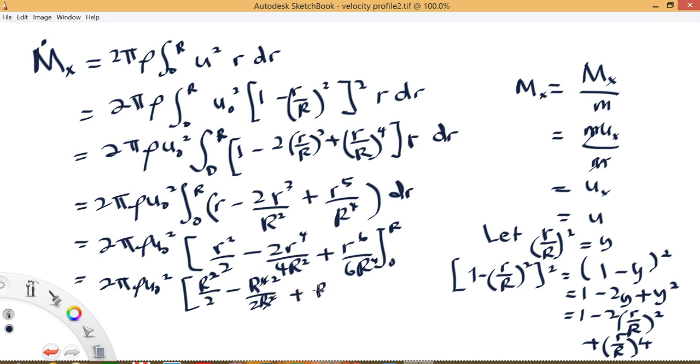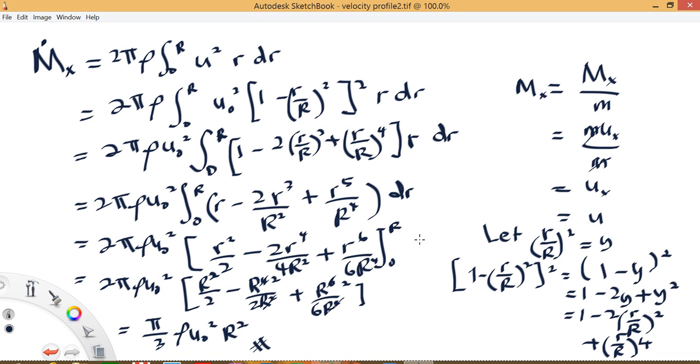So plus R power of 6 divided by 6R power of 4. Cancel. This becomes 2. And then this 6 with 2 becomes 1 over 3 rho u naught square R power of 2. So this is the answer.